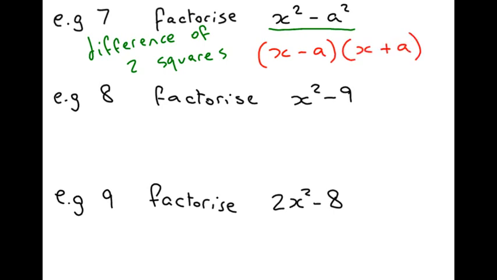Okay? So what that means is when you multiply out, you're going to get x squared, you're going to get your xa, you're going to get your minus xa, and you're going to get minus a squared. This is where the method comes from, because plus xa, take away xa, are going to disappear.